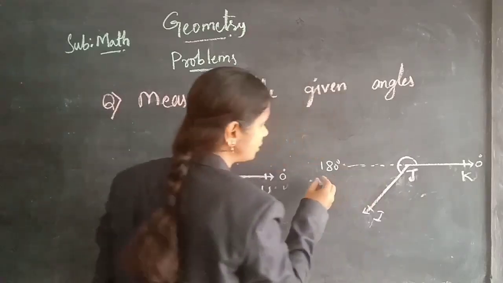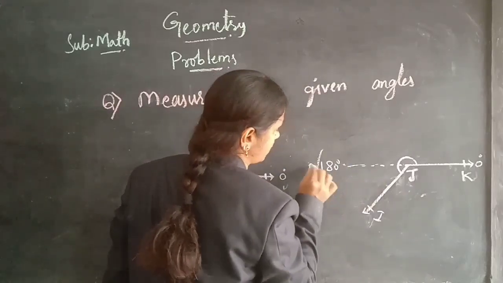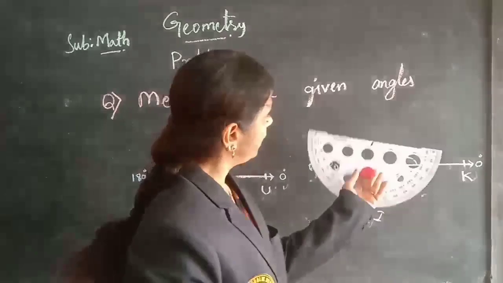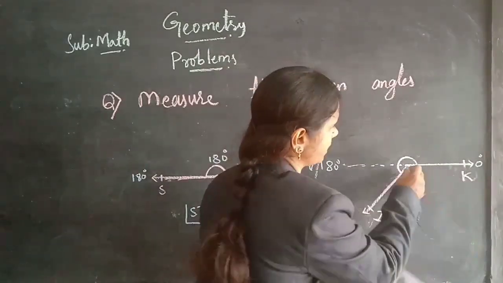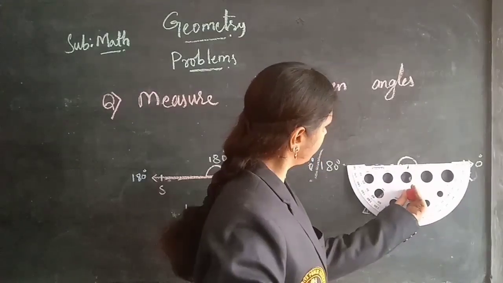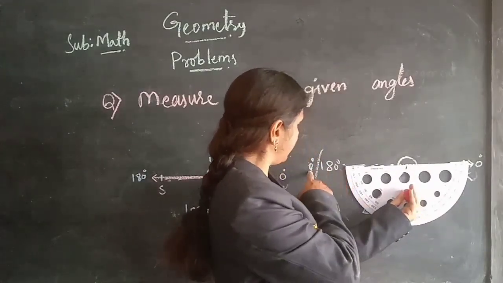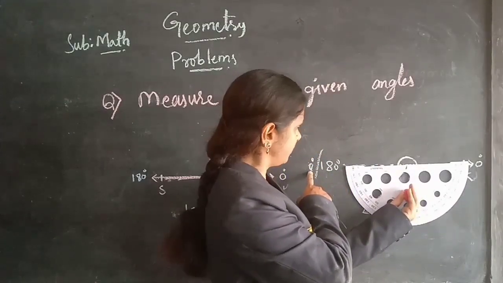Now I am taking the imaginary line as 0 degrees. It means I am fixing the protractor like this. Again the midpoint is J only. The imaginary line I am taking as 0 degrees.